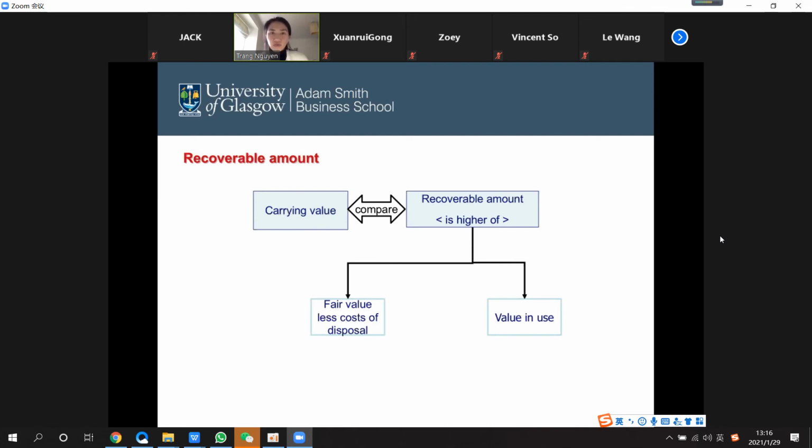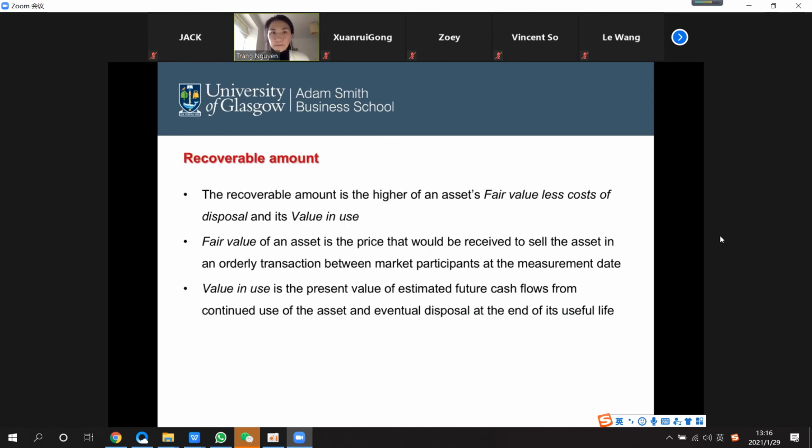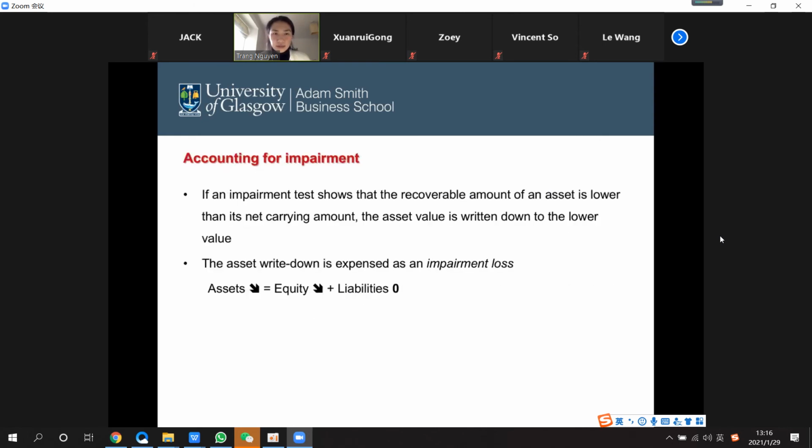So when you look into a financial statement and see impairment of something, it means that certain assets have a lower value than the carrying value, or the value they expected. If the recoverable amount is lower than the carrying value, it means the true value of the asset is lower than what we think, so we need to do impairment, and at that time we record it as a loss.